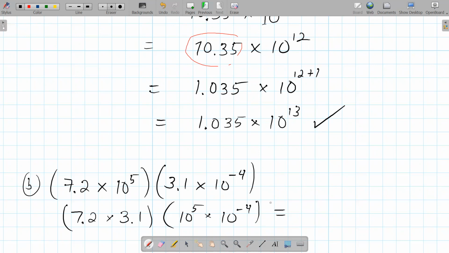Again, I'm going to multiply 7.2 by 3.1, and that gives me 22.32 times 10. Remember that I'm using the product rule. I keep the 10 the same, and then I sum up the powers. So 5 plus -4 will give me 1.